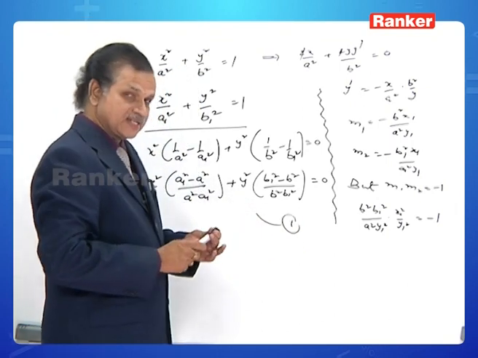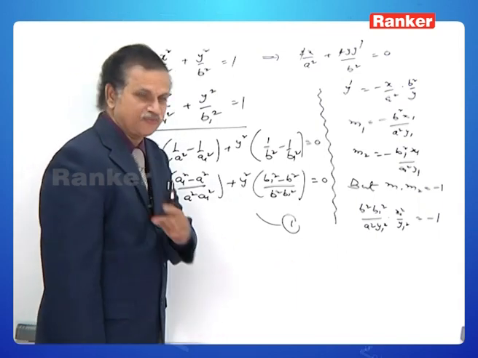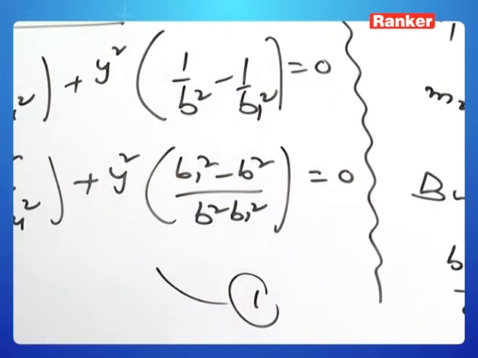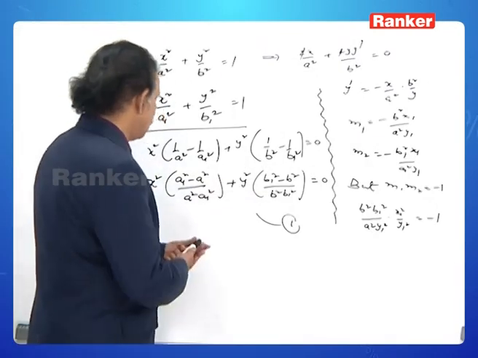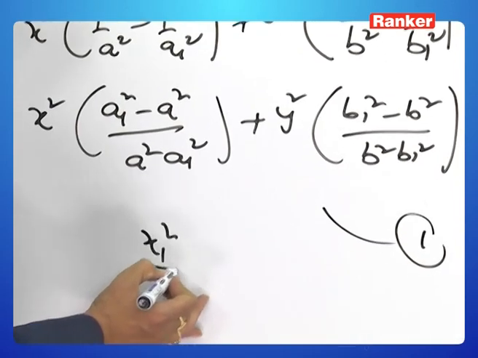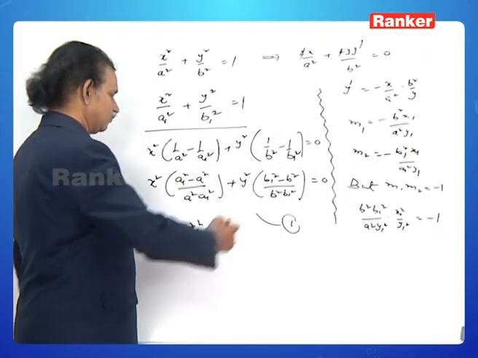You see, what is (x1, y1)? Point of intersection of the two curves. It should satisfy this equation. So, x1 square into this much plus y1 square into this much is equal to 0. From this, what is x1 square by y1 square? Divide it throughout by y1 square.